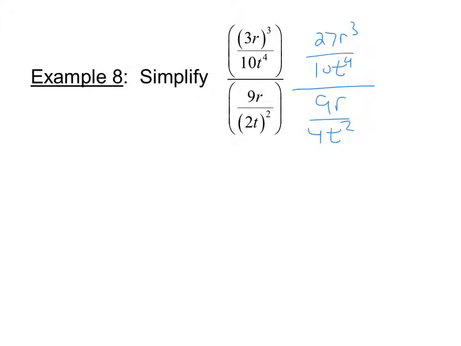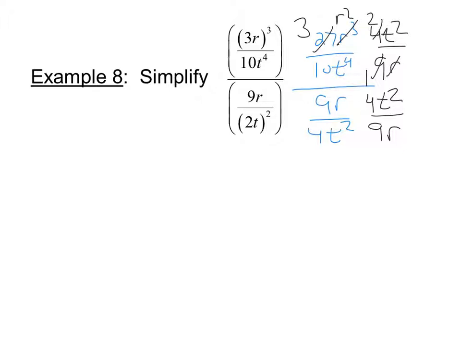Now we can multiply by the reciprocal. Okay, so let's see. That would be a 1, that would be a 3. R changes this to r squared. 2 goes into 4 twice, 10 5 times. T squared makes this t squared on the bottom.